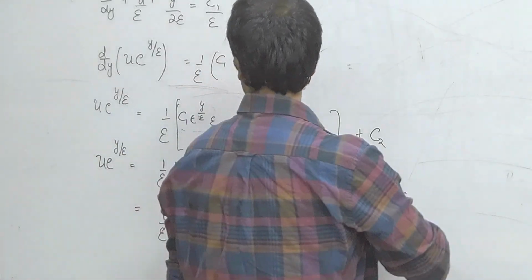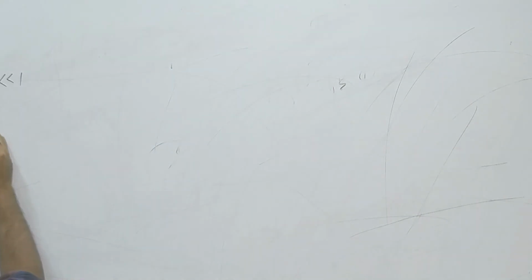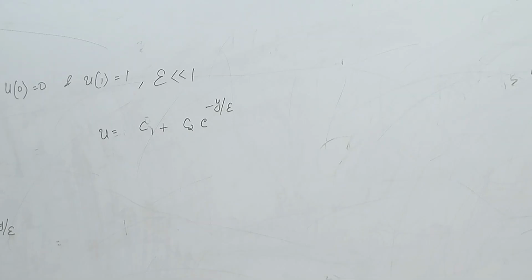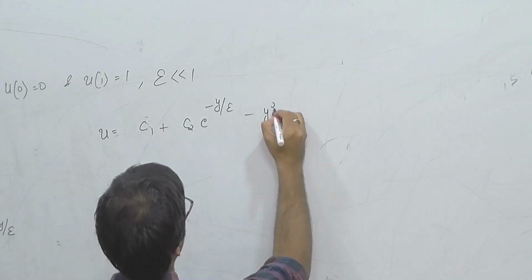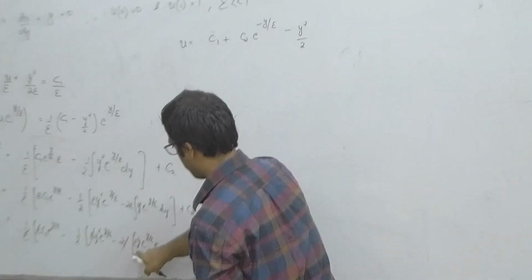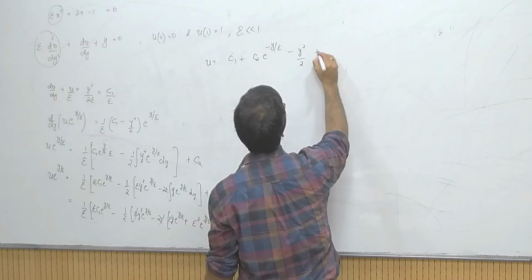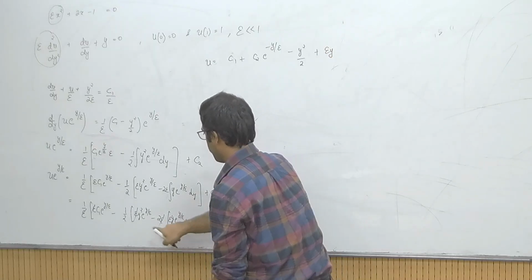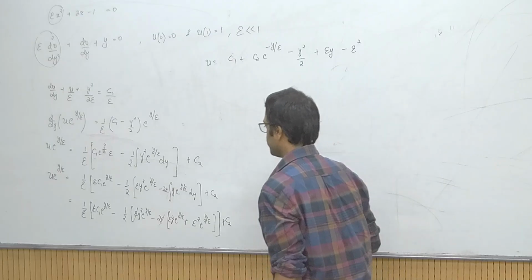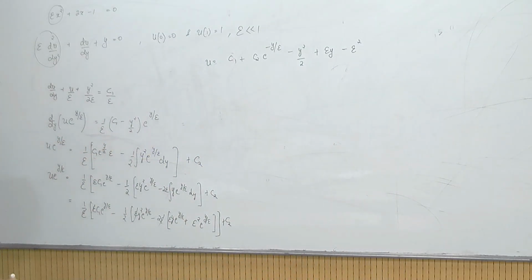And then we'll get u is equal to C1 plus C2 e to the power minus y by epsilon, and then a minus y square by 2 from here, and then from here plus epsilon y, and then from here we will get minus epsilon square. There should have been a minus sign here. Okay, so this is your full solution.